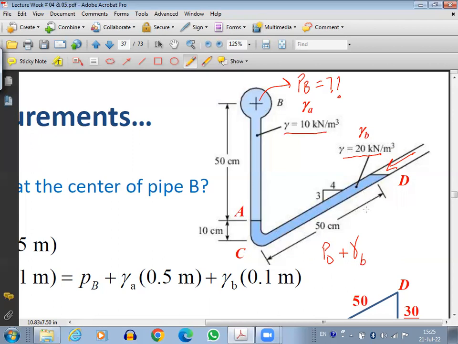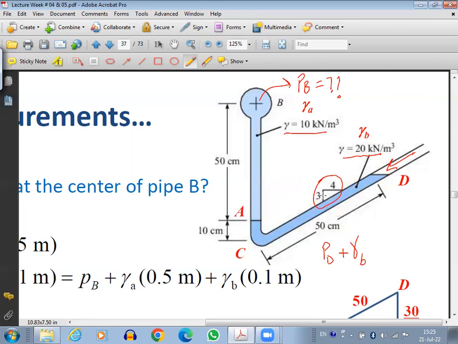Here it is 50 centimeter, but this is 50 centimeters inclined. I don't want inclined, we need vertical height. So vertical height will be what? It is shown here like a right angle triangle. You have seen this in statics as well, in dynamics as well. So basically, this is 3, this is 4, hypotenuse will be 5.